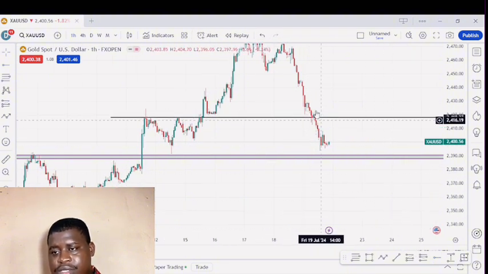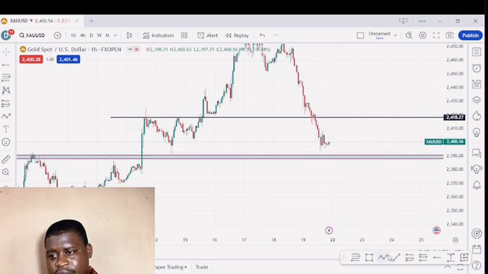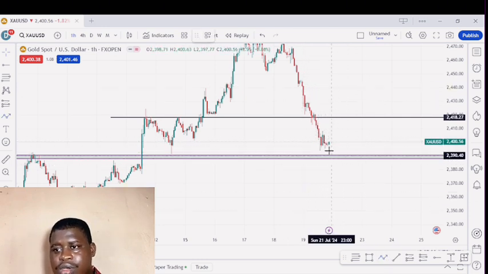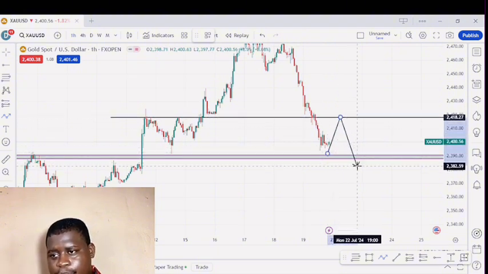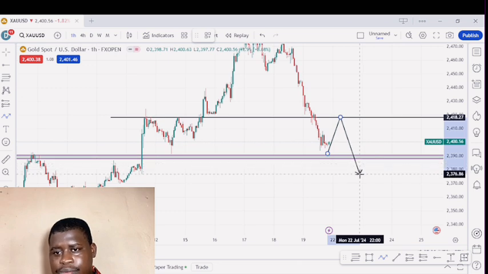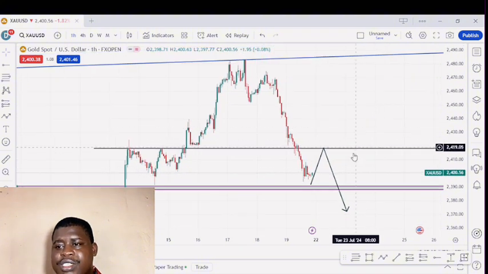It has broken aggressively to the downside, and now let's see what happens if it will come here and come back down. Okay, let's wait and see.